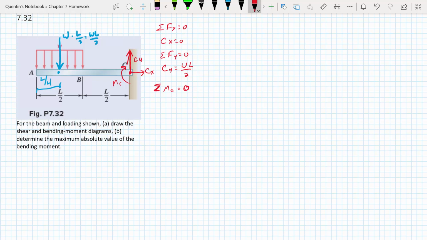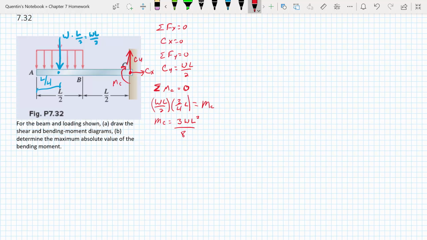So we have WL over 2 times the distance, which is going to be L over 2 plus L over 4, that's 3/4 L, and that's going to equal the moment at C. So the moment at C is equal to 3WL squared over 8.